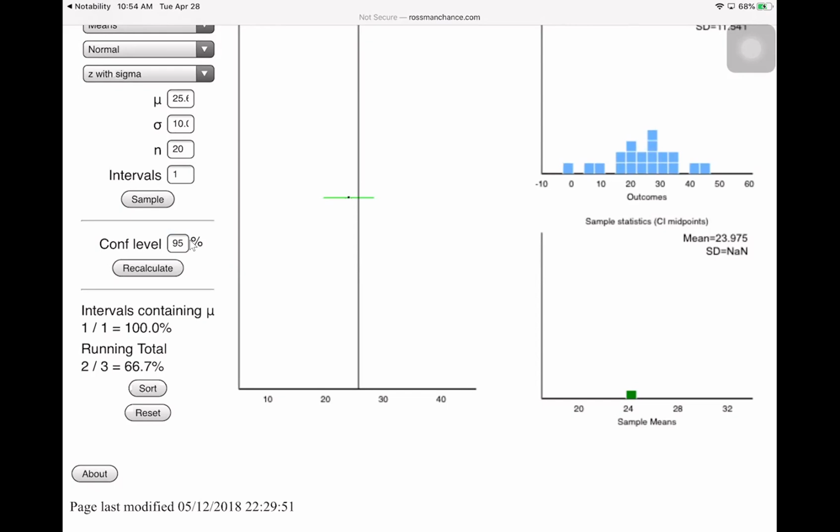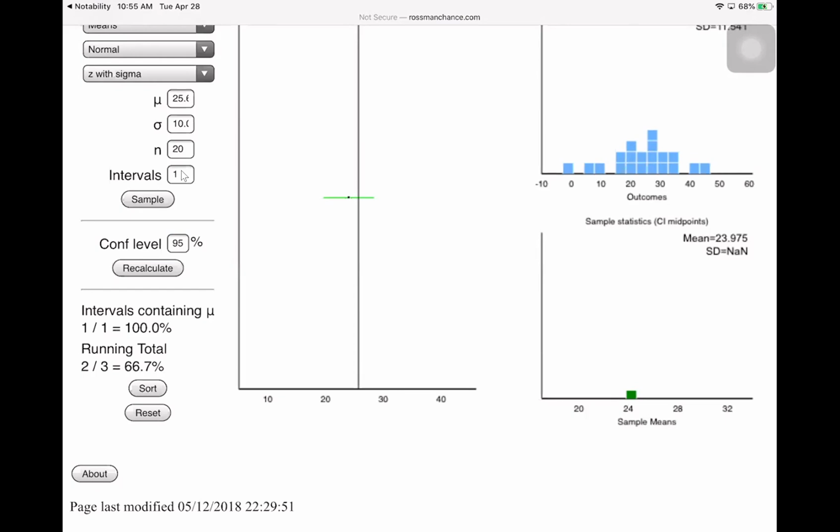So it's telling me how confident we should be in the method of the confidence interval. If it says confidence level 95%, it's telling us 95% of the time it should be correct, and 5% of the time it should be incorrect.